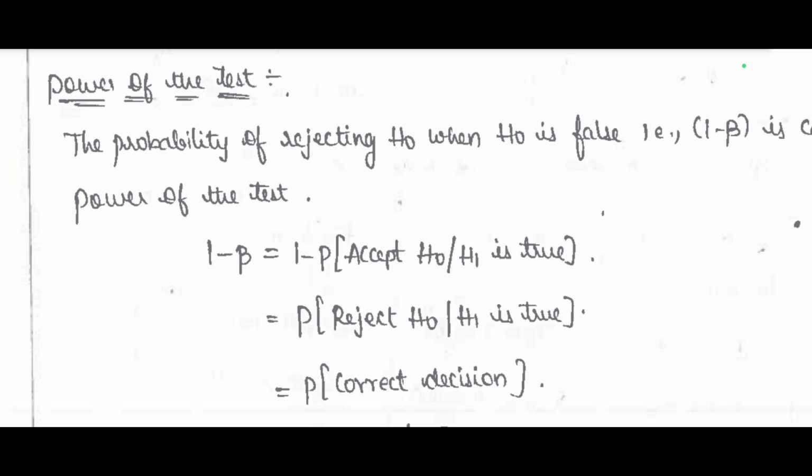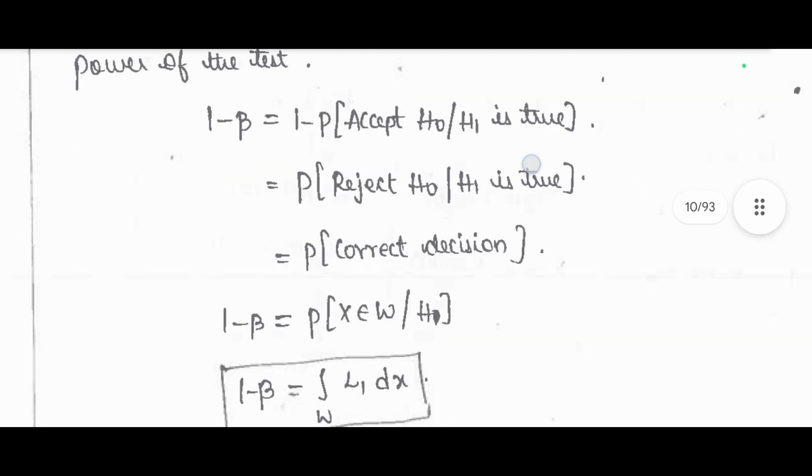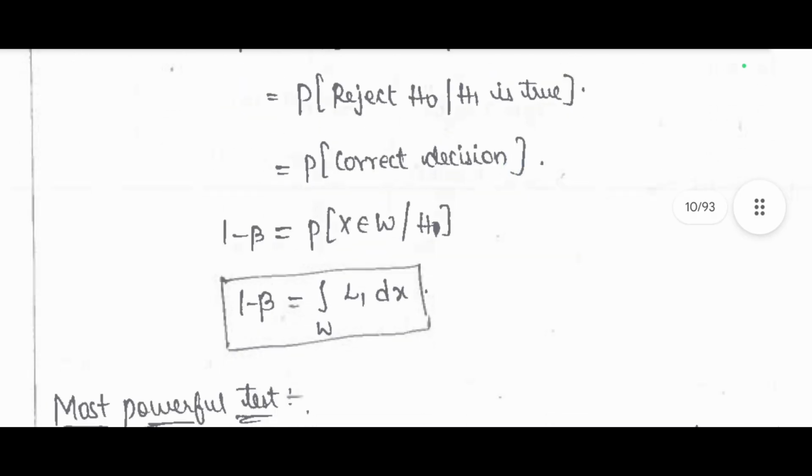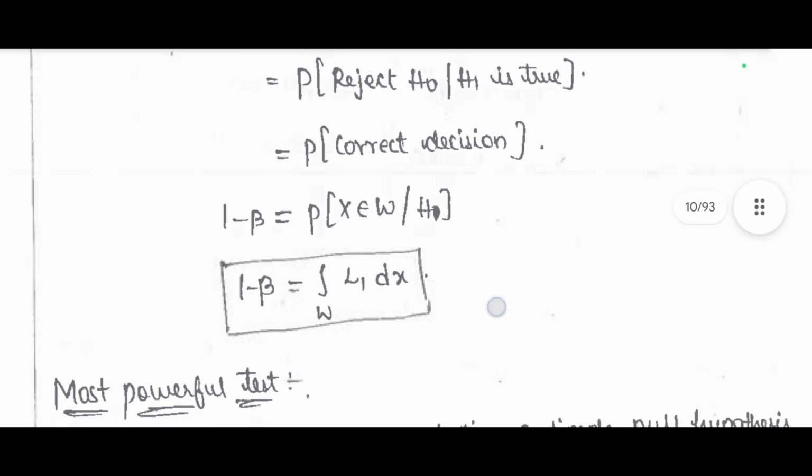That is rejecting H naught when H naught is false, which is a correct decision. 1 minus beta is denoted by the probability that x belongs to the rejection region W or omega under H1. 1 minus beta is denoted by the integral over W of L1 dx.